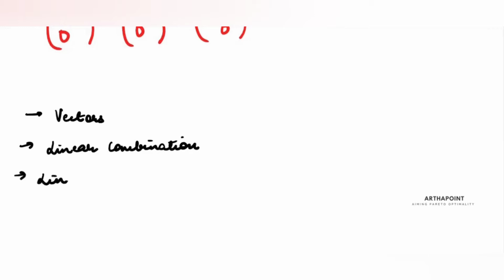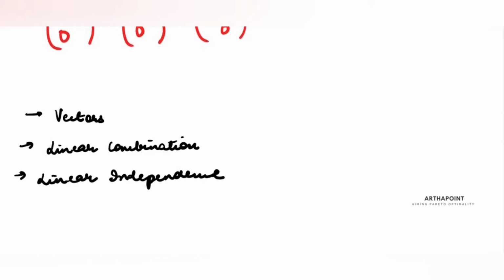Hi, good afternoon. By now, we have gone ahead and covered the following in linear algebra. What are vectors? What is a linear combination of vectors? What is linear independence of vectors?